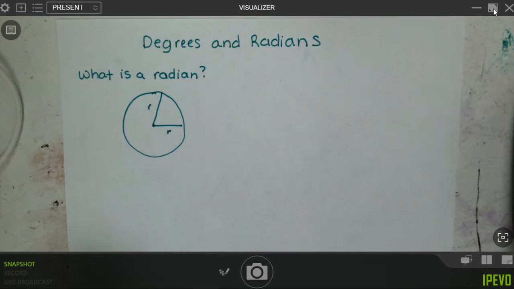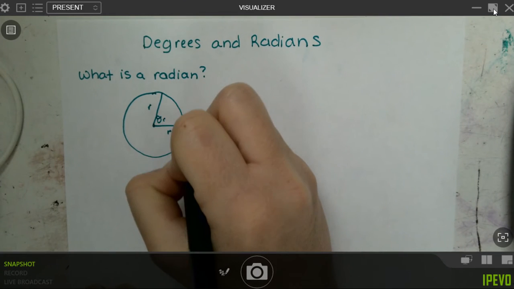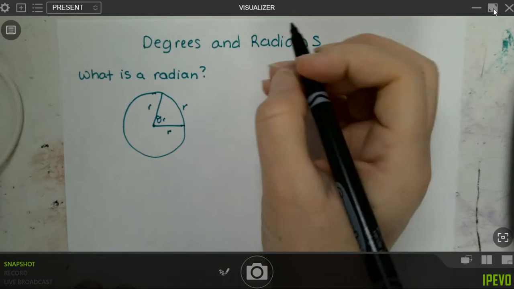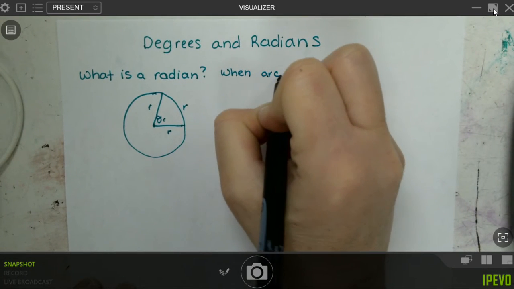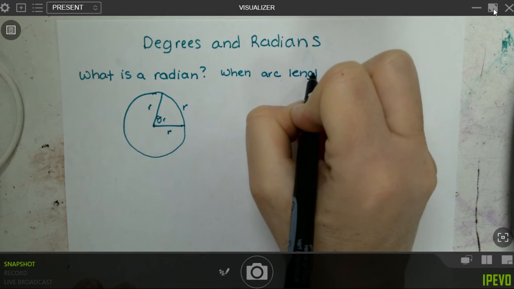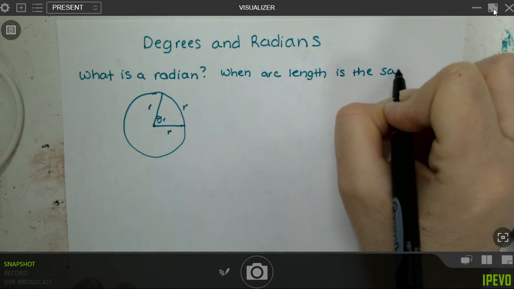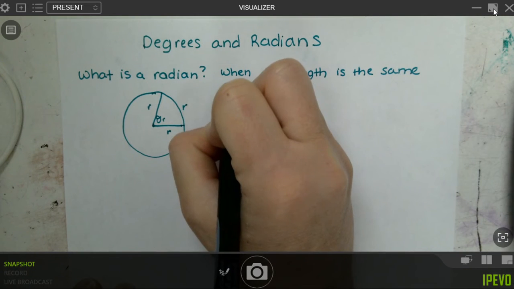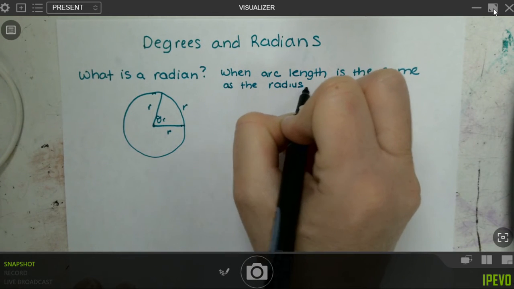So a radian is the angle measure when the arc length is the same as the radius. That is 1 radian.